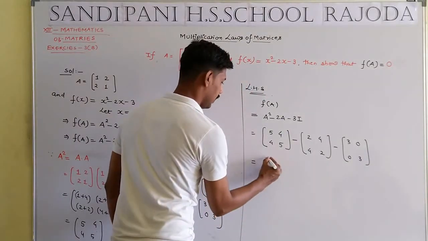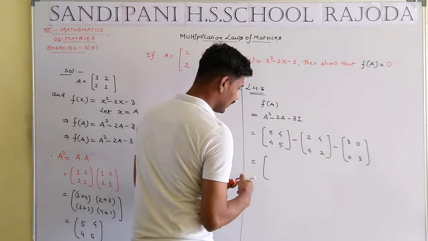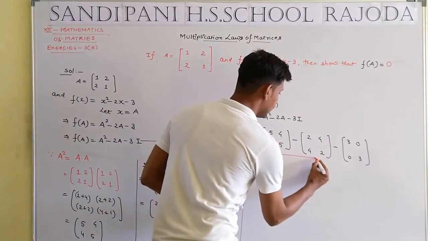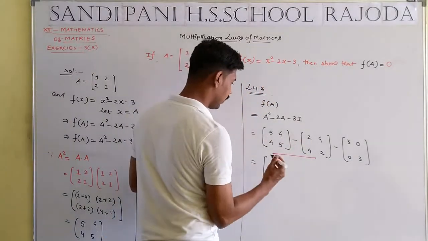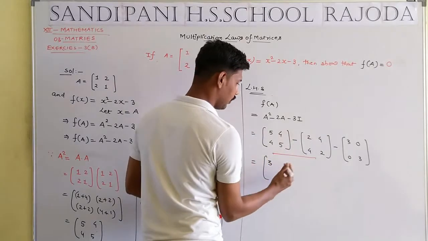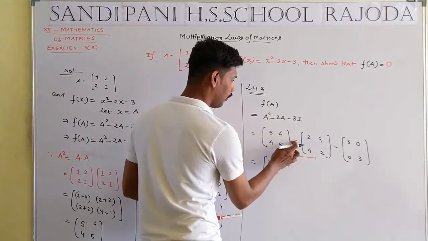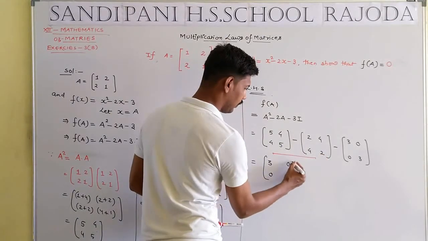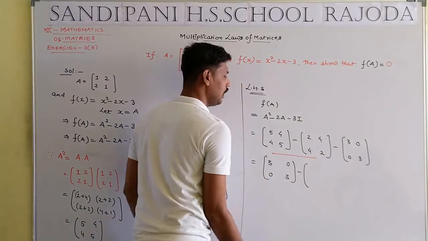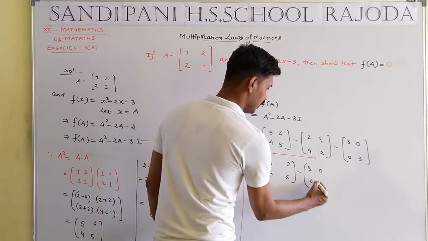Solution. Firstly we take the first matrix and subtract the second matrix from it. Operation between them: 5 minus 2 equals 3, 4 minus 4 equals 0, 4 minus 4 equals 0, 5 minus 2 equals 3. Then [3 0; 0 3].